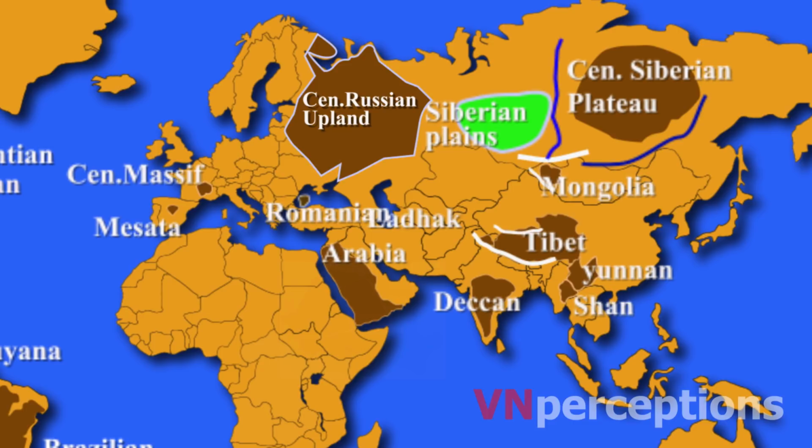Shan Plateau of Myanmar is a physiographic continuation of the Yunnan Plateau. Outside the central mountains of Asia, we have the Deccan Plateau of India and the Arabian Plateau. To study all the plateaus of India in detail, please follow the link that is given below.